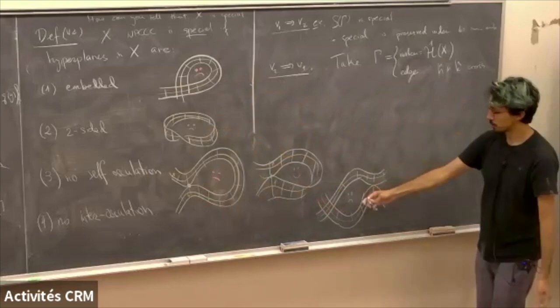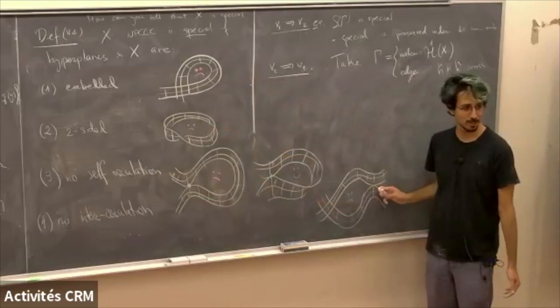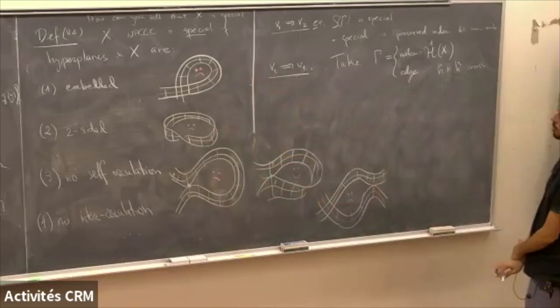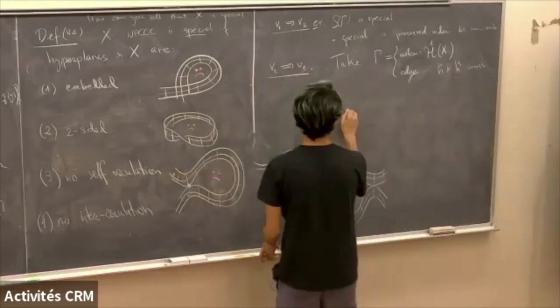It's important to see that they only cross, and really what all those things tell us is that the obvious map exists.